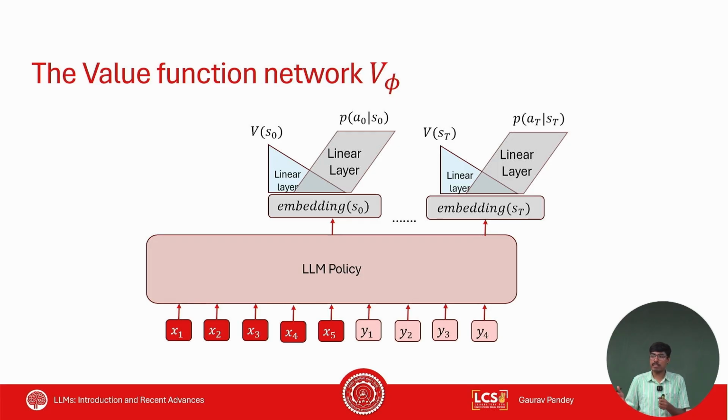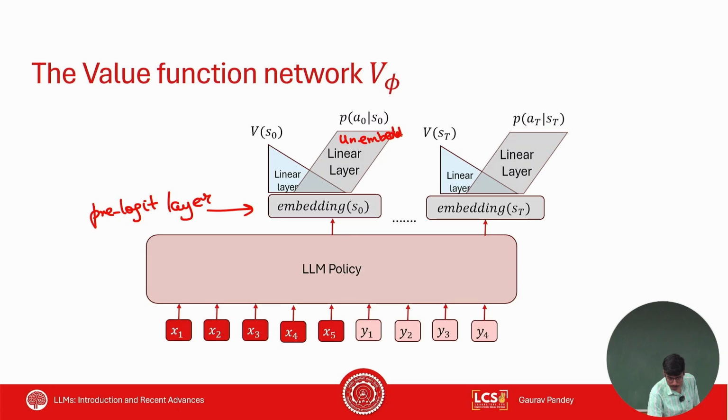Generally, the policy itself is modified to also predict the value function. At each time step in the policy, you have a linear layer on the pre-logit layer, or the last layer before the unembedding layer, which is anyway there in the policy.